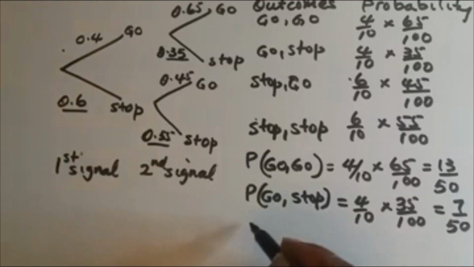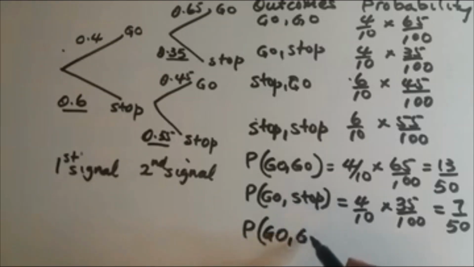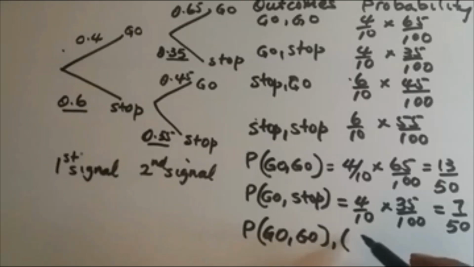And lastly, what's the probability of at least one go? So we have probability of a go and a go. We have the probability of a stop, probability of stop and a go.